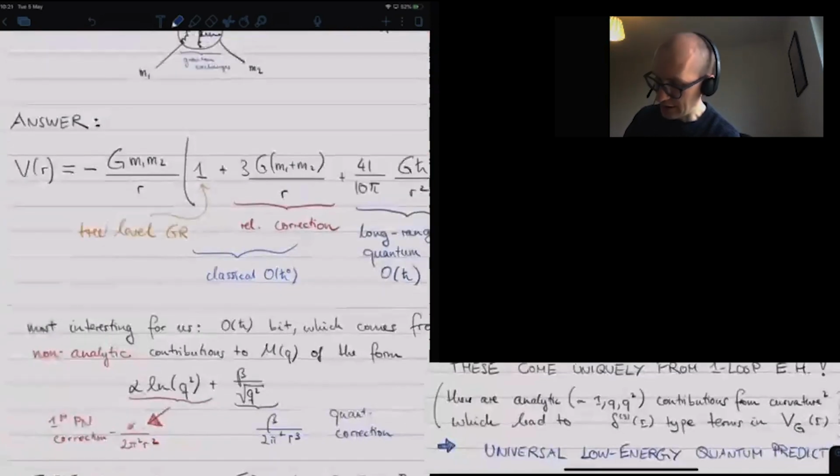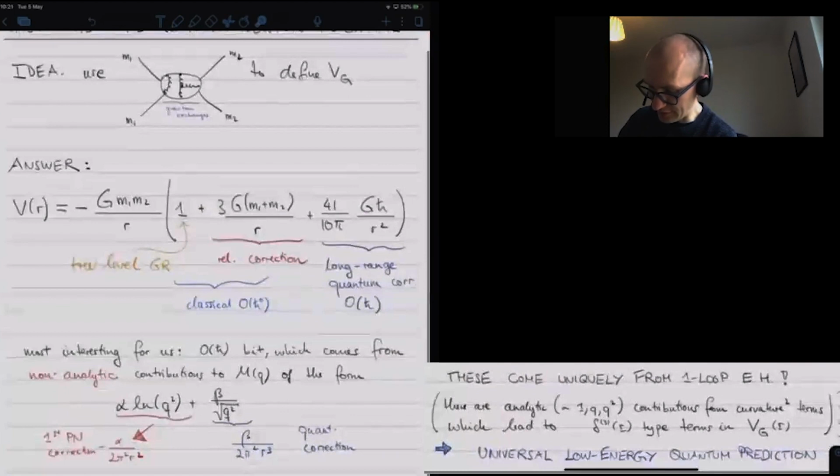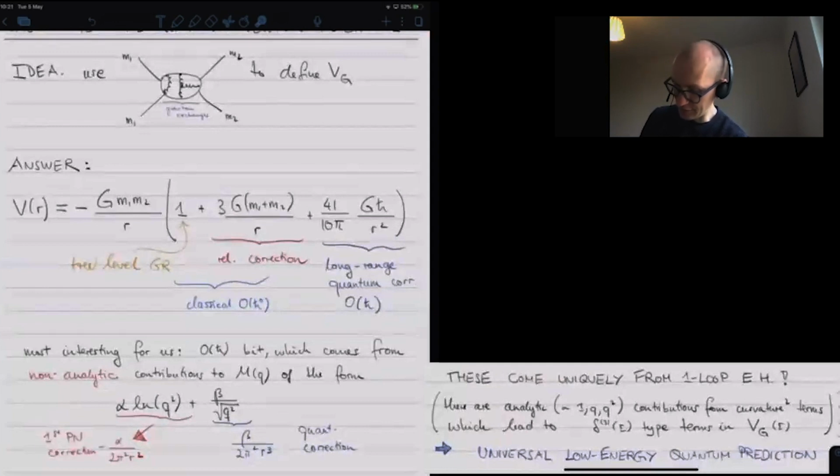Okay, and so the main point is that all other terms that you get at this level in the EFT expansion will be analytic in momentum, meaning that they will be proportional to 1 or some positive power of momentum, some analytic expression in momentum.